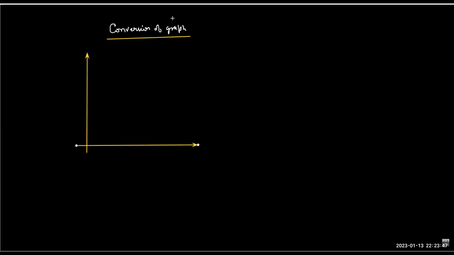So I think one topic is left from the last lecture, which is the conversion of graphs. We'll start with something simple. Imagine a PV graph is given to you for a cyclic process.